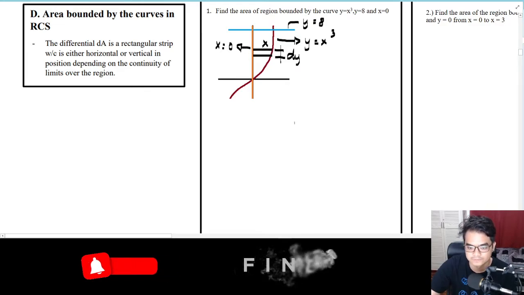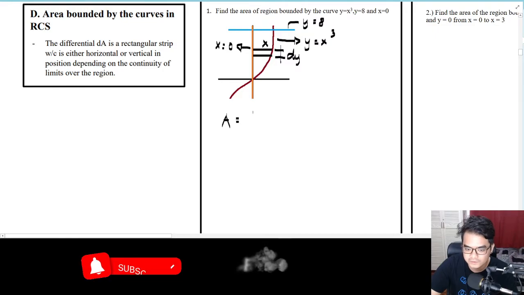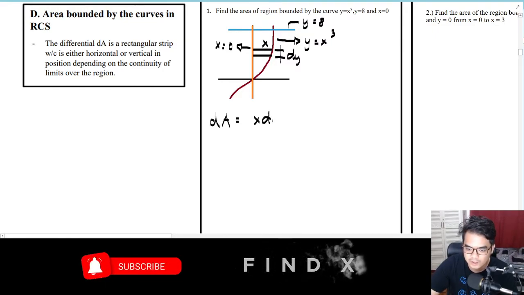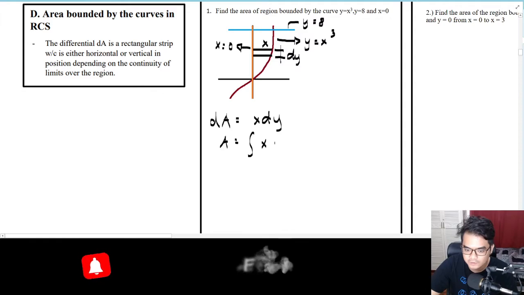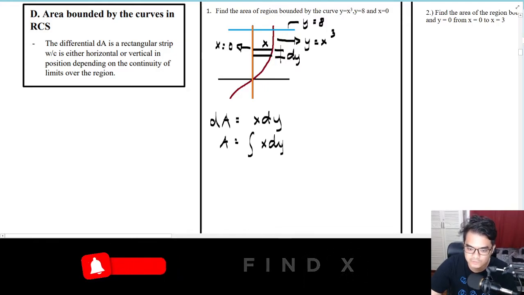So if that is a rectangle, therefore the area of that is just x dy, right? So dA is just equal to x dy. Taking the integral of both sides, you'll have A equal to the integral of x dy. But since we are doing area, this must have a limit, and then you have to express x in terms of y.